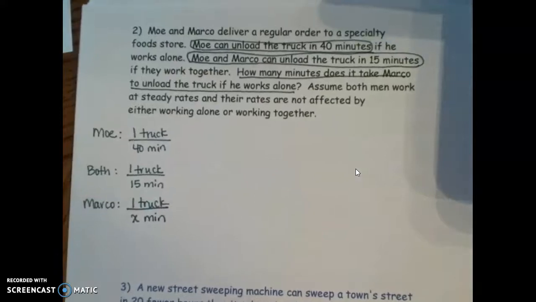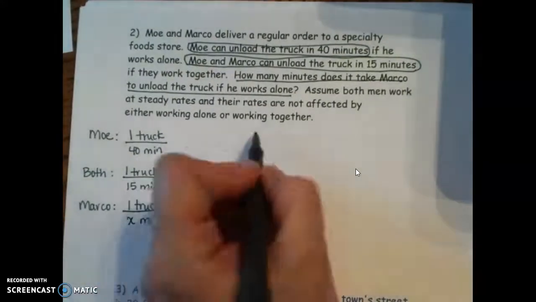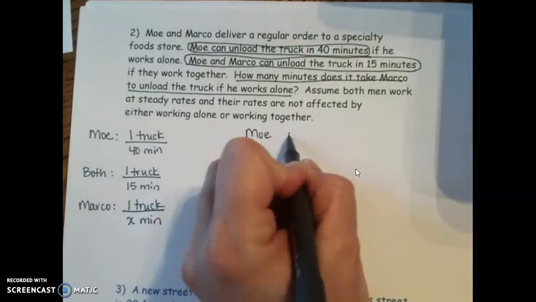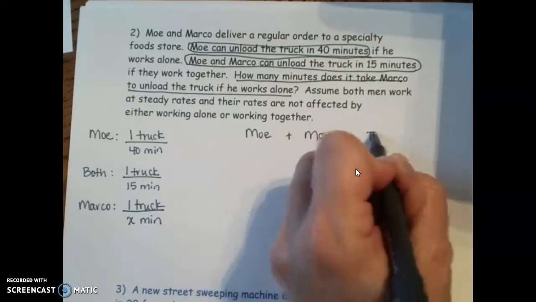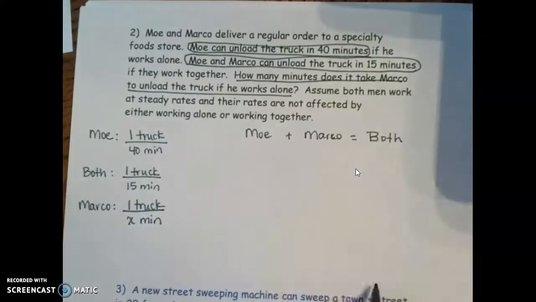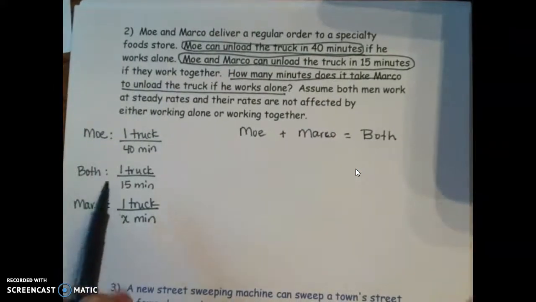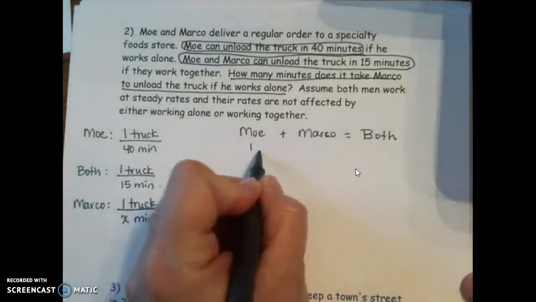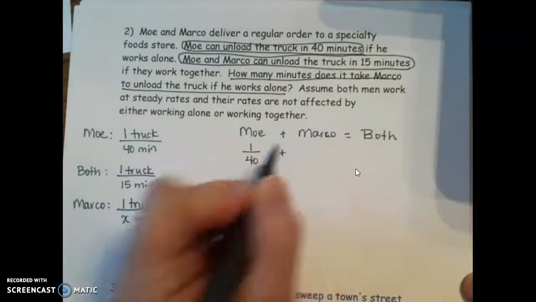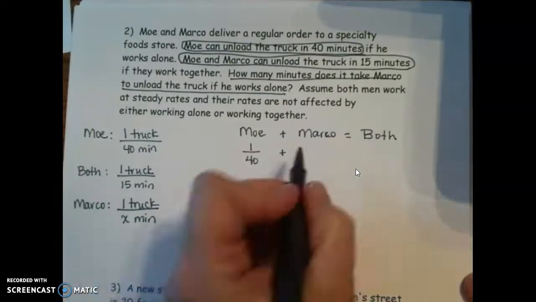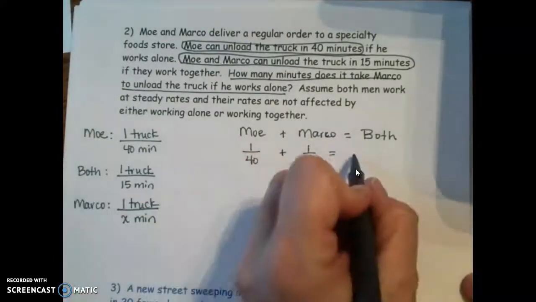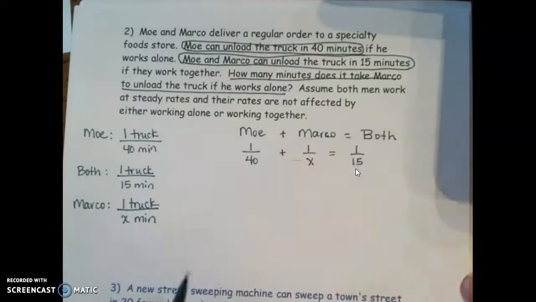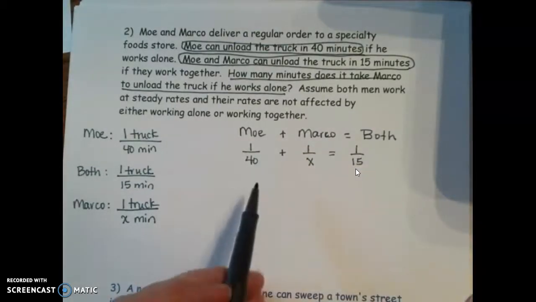So if you think about this, Mo plus Marco equals both men together. Now let's fill in what we know. Mo is 1/40. Marco is 1/x. And both men together is 1/15.